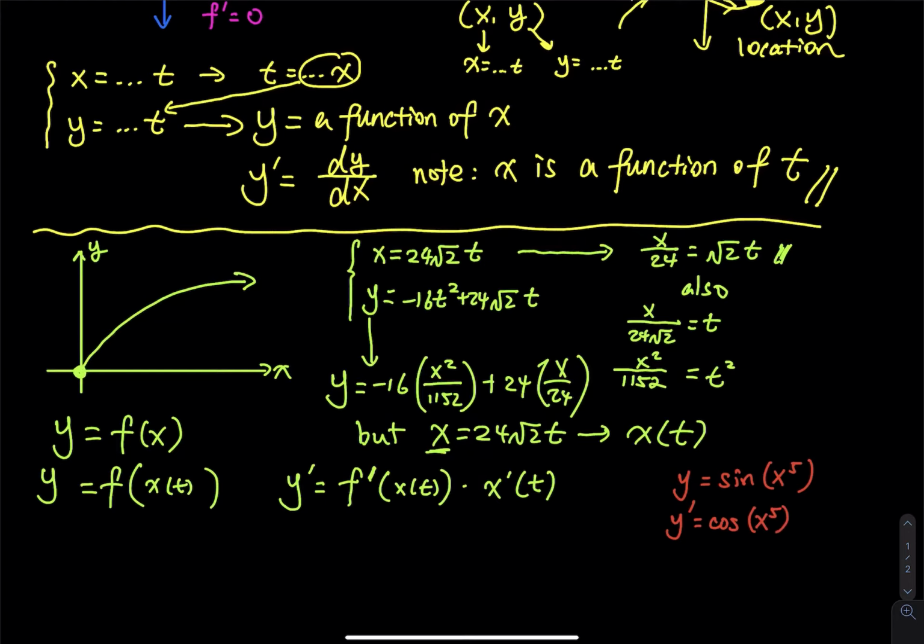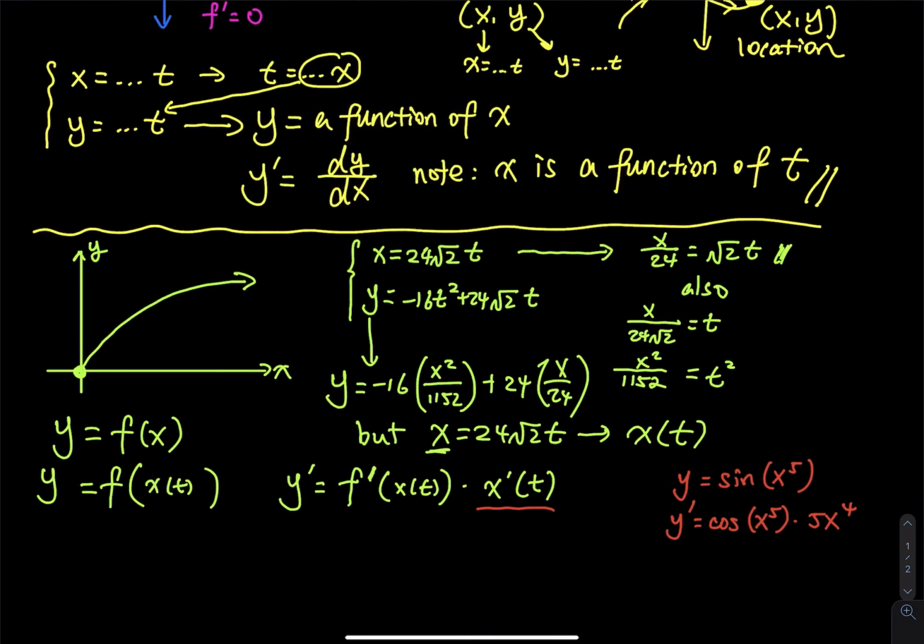So using the chain rule, you also need to take care of the derivative of x to the fifth, which is 5x to the fourth. This is why we have x prime of t. So you have to take the derivative of the outer piece and then you multiply by the derivative of the inner piece. The inner piece means the inner function, because y equals sine of x to the fifth is a composition function. Okay, so let's go back to this problem.